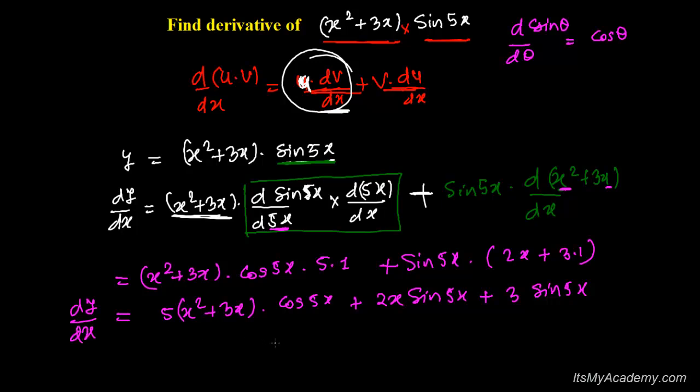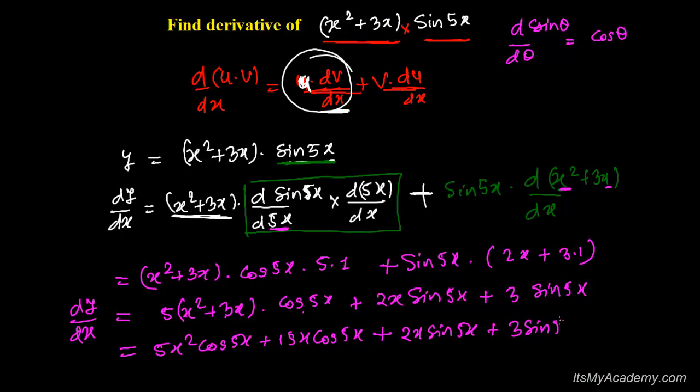If you want, you can elaborate further: 5x squared cos 5x, and next 5 times 3x is 15x, multiplied with cos 5x, and again 2x sine 5x, plus 3 sine 5x.